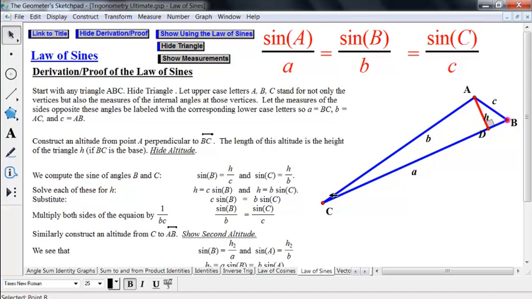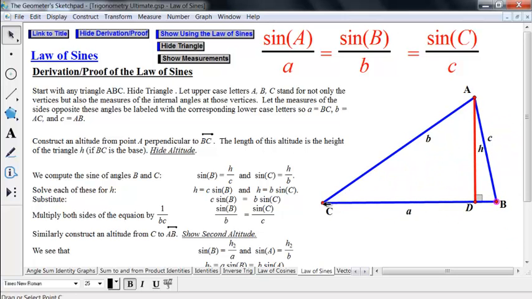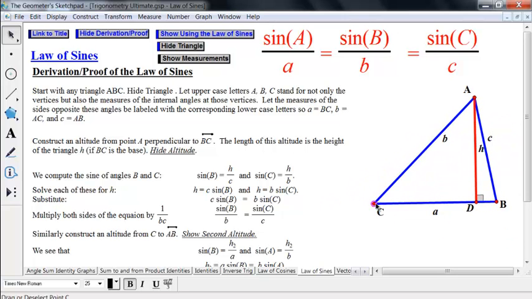Similarly, we're going to get that the sine of angle C is h over b. Again, we have the possibilities here. Looking at this triangle, if we have an acute angle at C, that's opposite over hypotenuse, h over b for that right triangle right there.